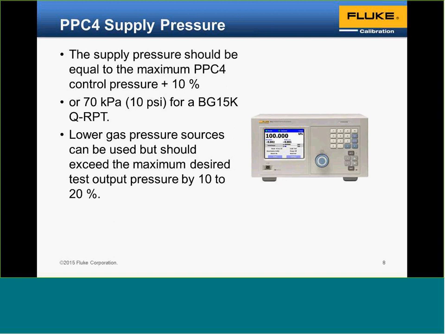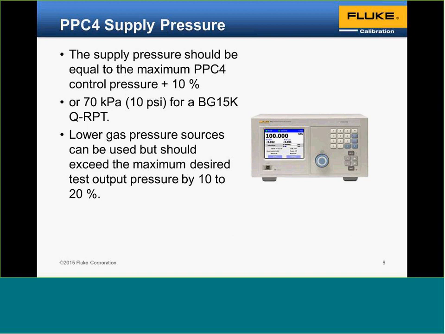The supply pressure is equal to the maximum PPC4 control pressure plus 10%. Normally, that's the full scale of the instrument, but it has the advantage that if the full scale of the instrument is say 2,000 psi, but the work you need to do today is only at lower pressures, then if you're 10% greater than the pressure that you're going to be working at that time, then that's okay.